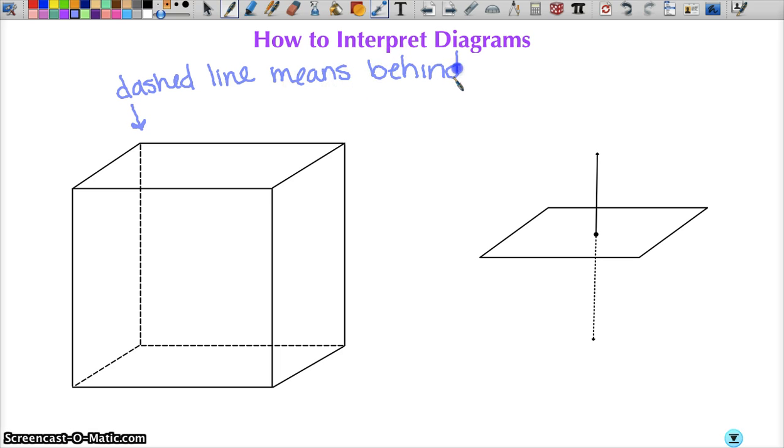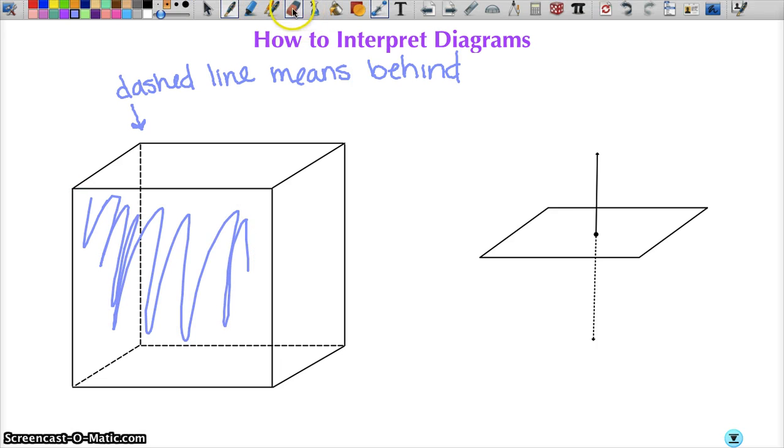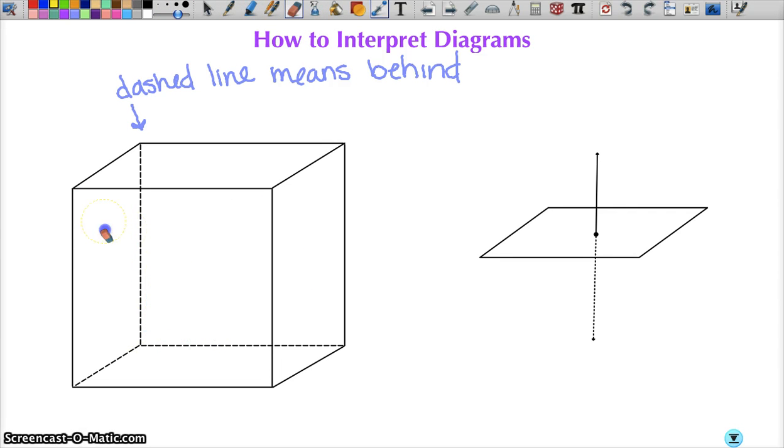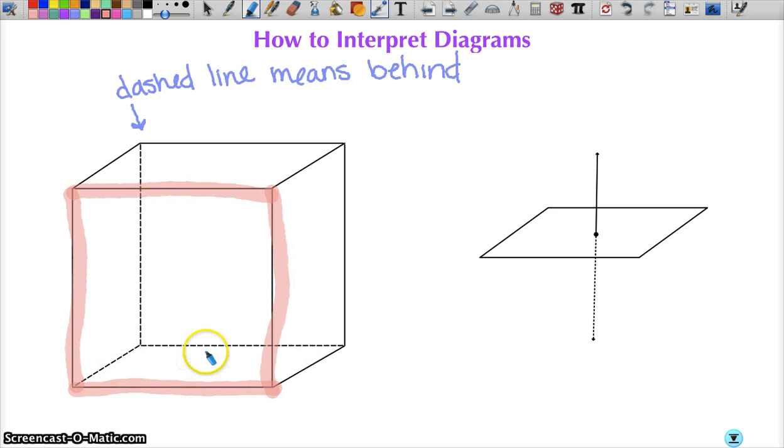Everything that is within this area, so this line, this line, this line, and this line, those make up the front of this box, where if I go back to this one and this one, this makes up the back side of the box. So that is how you read those.